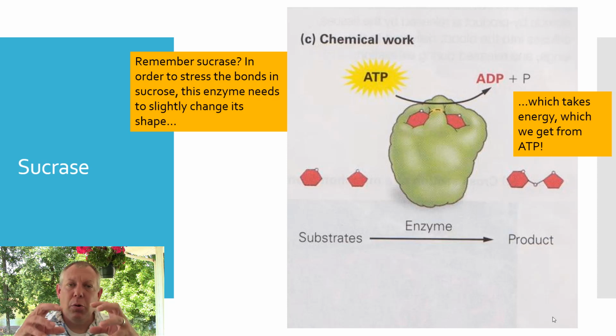So once the sucrose binds to the sucrase, then an ATP comes along and transfers energy to the enzyme. This energy causes the enzyme to change shape. When it changes shape, that's what stresses the bond. And so the enzyme takes energy from ATP, changes shape, stresses that sucrose bond, and that breaks the bond and releases the energy in sucrose.